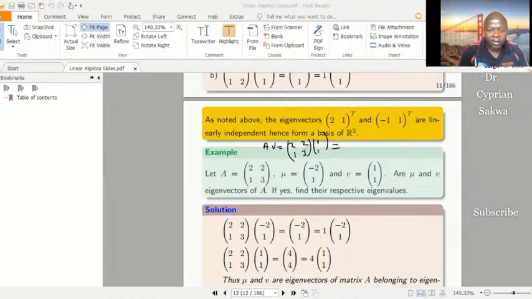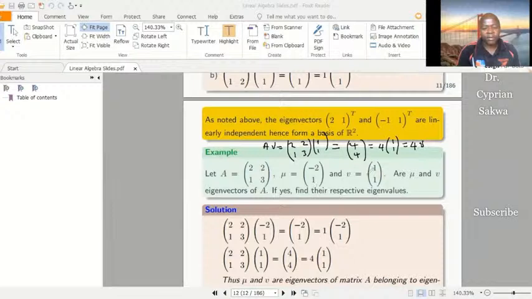And when I do this, I will have 2 plus 2, which will be 4, and this one will be 1 plus 3, which will also be 4. And this one can be written as 4 times (1, 1), which is 4v. So that means Av equals 4v.